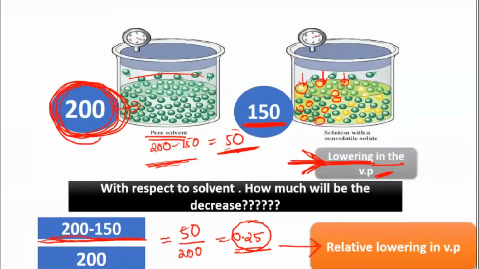That means around 25% decrease has happened. This is a random value which I have assumed, just taken for you to understand.